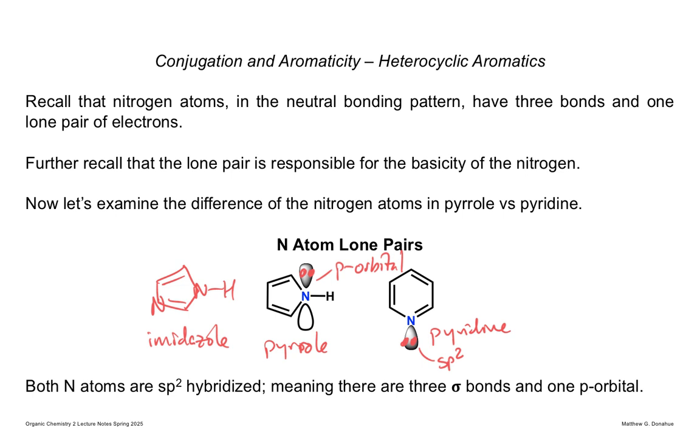So pyridine as a reagent is a base. Pyrrole is not a base. That nitrogen is not basic. And to use the resonance argument, and we're saying a base, that lone pair is going to go grab a hydrogen. So pyrrole can't do that because we can delocalize the lone pair through resonance throughout the ring.